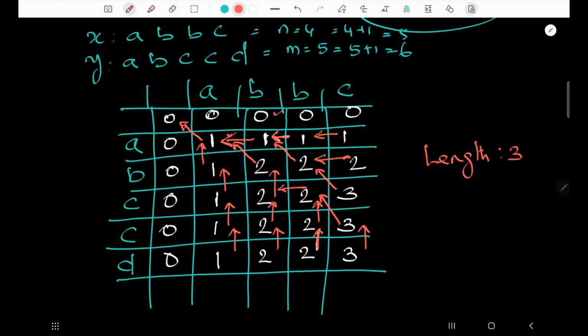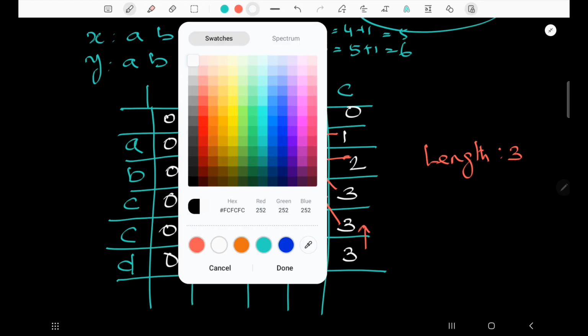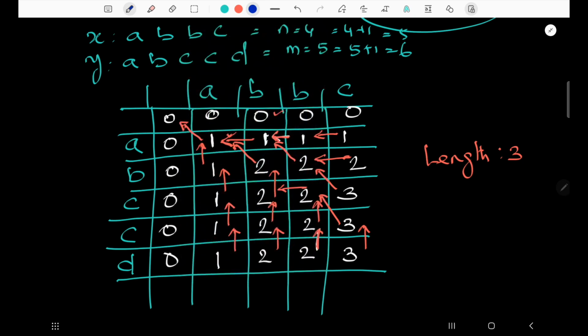What are the terms? So you need to start following the arrow marks. Let me use another color, the blue color. Done.